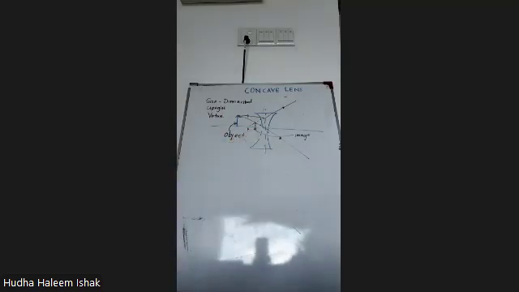The image is formed between the focal point and the lens.